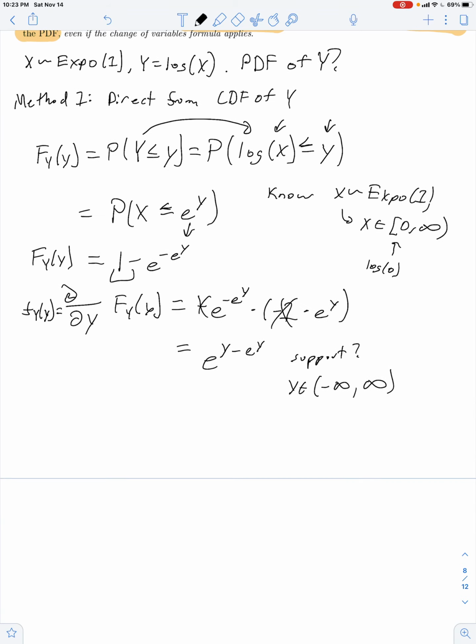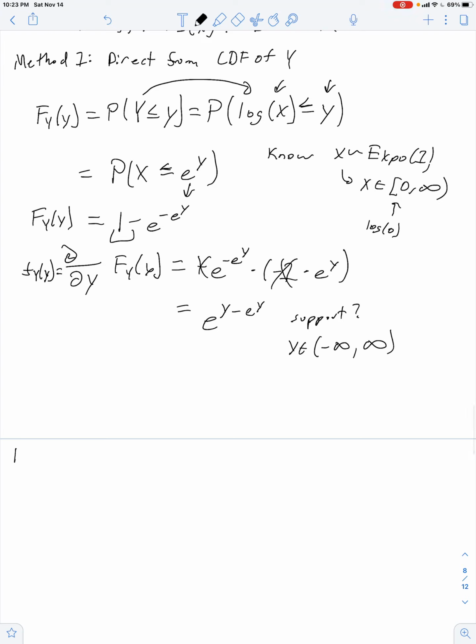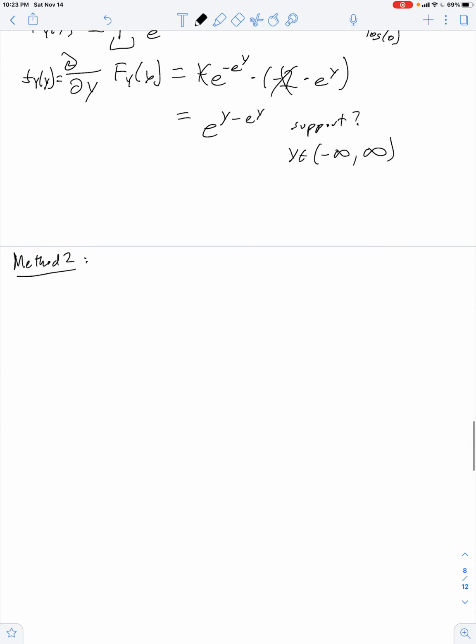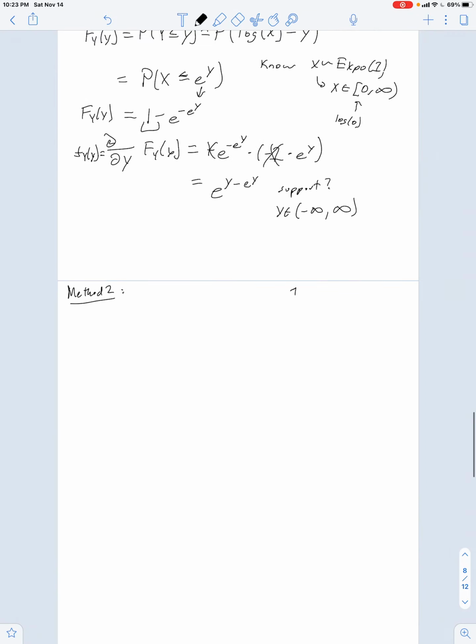And I'm done. However, you could also solve this problem using change of variables. And if you were to do that, I want to lay out 5 steps for that problem. The first thing that you should do is explicitly write down some functional form for y equals g of x if it's not given to you. If it is, just remember what it is.